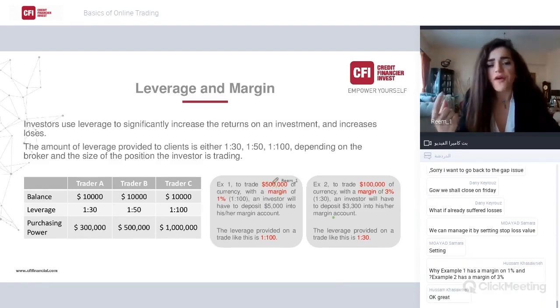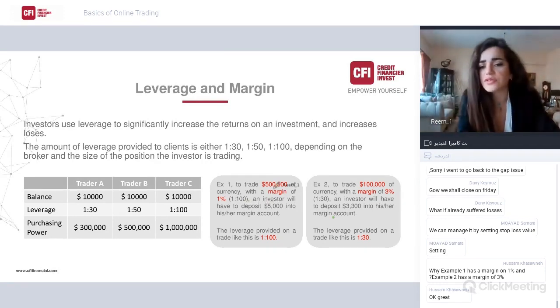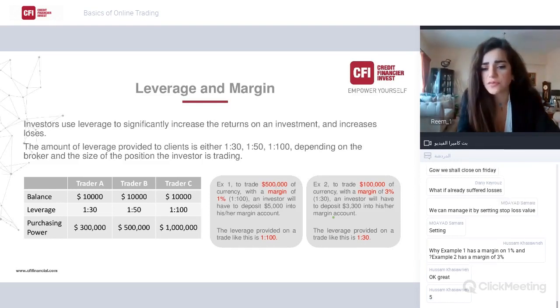So from $5,000, if you want to open, you know what $500,000 is, Hussam, at the moment? How many standard lots is $500,000? Exactly. Thank you very much. Well done, Hussam. So 5 standard lots, if I have a leverage of 1 to 100, that means a margin of 1%, because 1 divided by 100 is 1%.